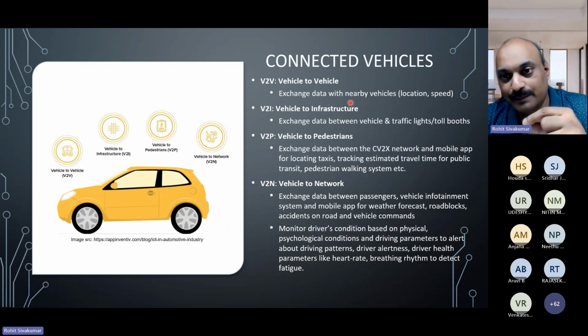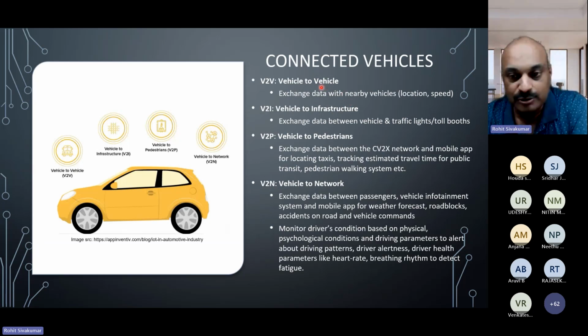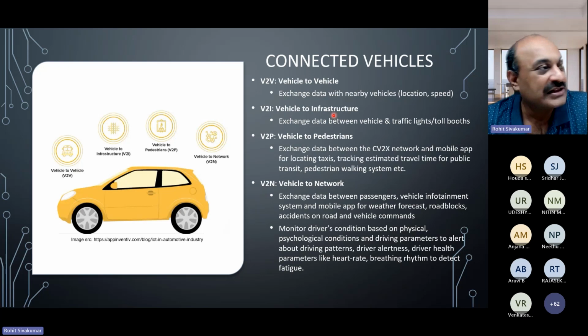This is a very basic example, but this goes really complex when we are talking of engine issues of one car talking to the engine issues of the other car. The other such connected car use case is vehicle to infrastructure.